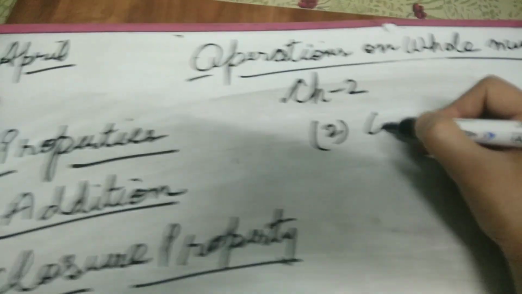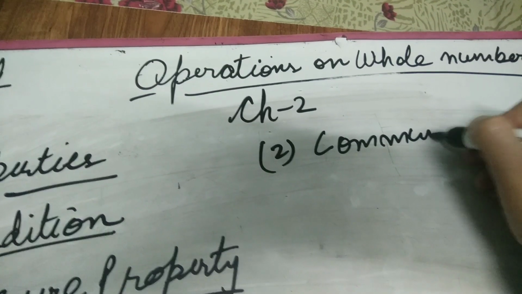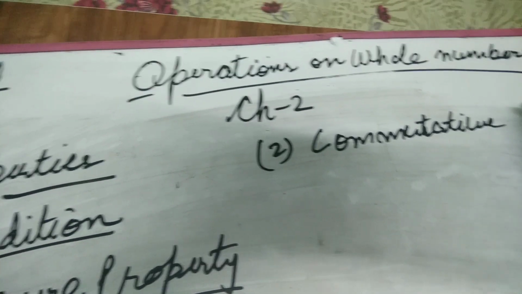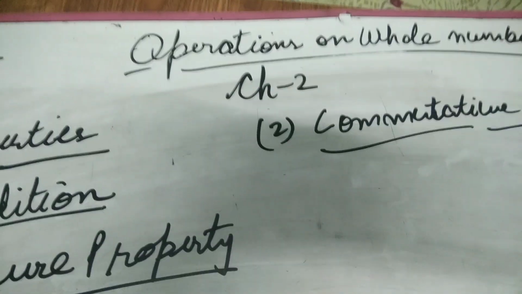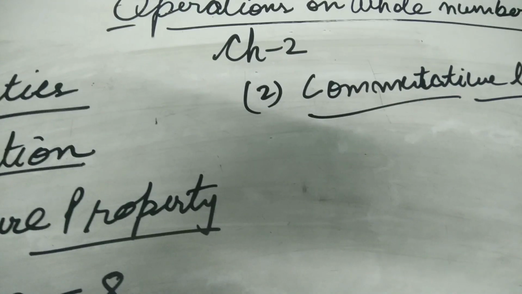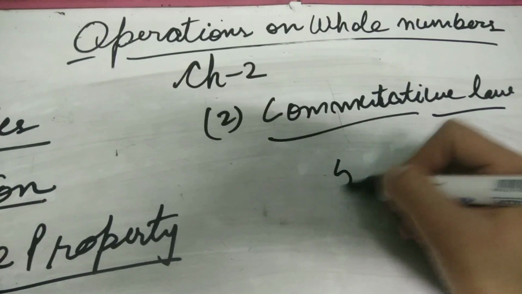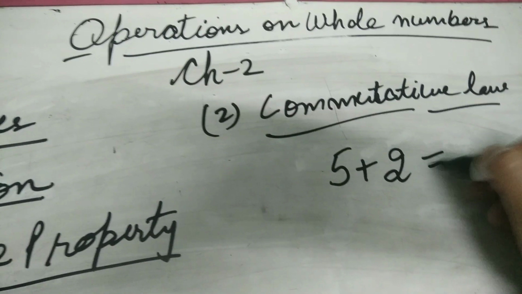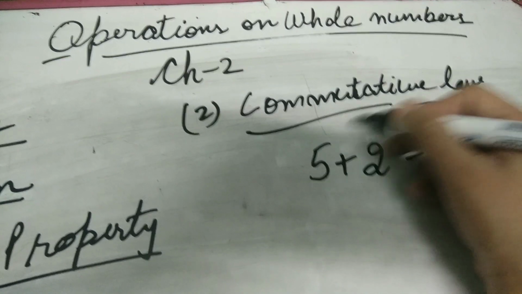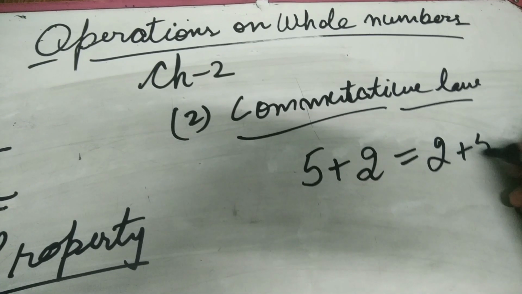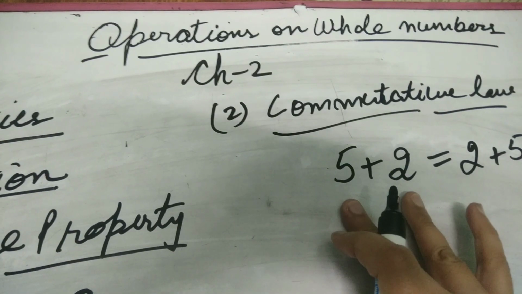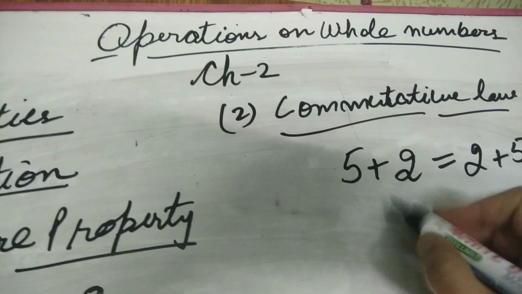Now next we have the commutative law. Number 2 that we are doing is the commutative law. In this law it says the addition of whole numbers is commutative, which means that if I take two numbers, for example 5 and 2, whatever sum we get will be the same. If I add 5 and 2, I get 7.